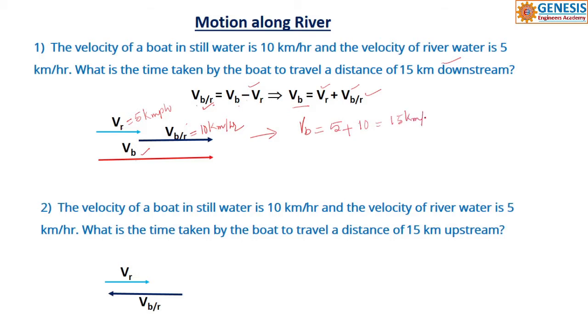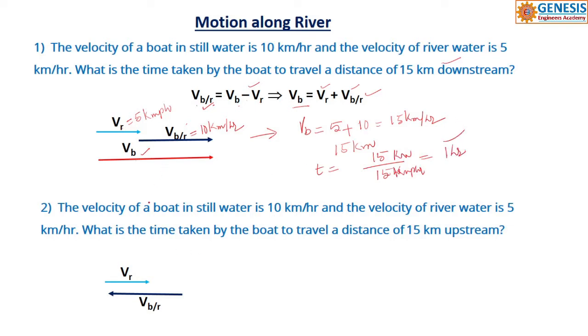The distance is 15 kilometers. The time is distance by speed, that is 15 kilometers divided by 15 kilometers per hour, so you get 1 hour. That is the simple formula.